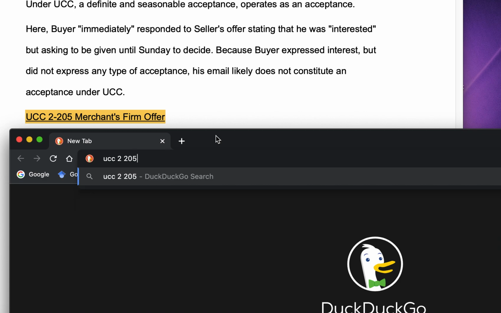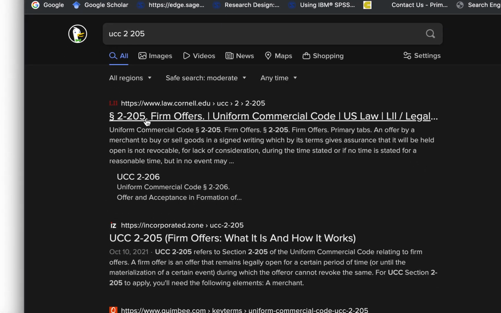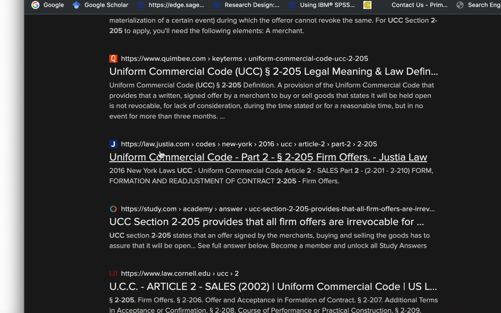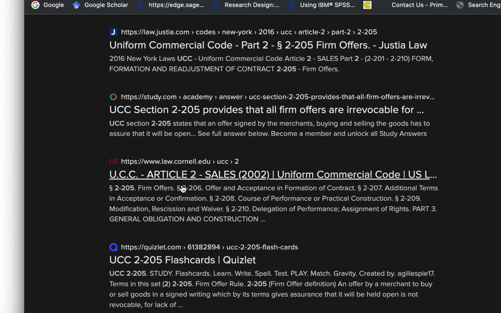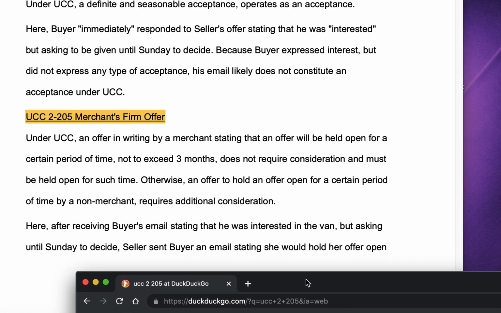And we can probably find firm offers, Uniform Commercial Code 2-205. What it is, how it works, legal meaning and law definition. Part 2, firm offers. So right off the bat in 2-205, you can memorize that firm offer, right?